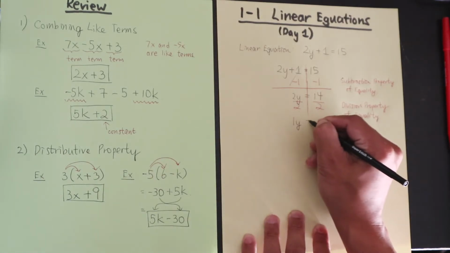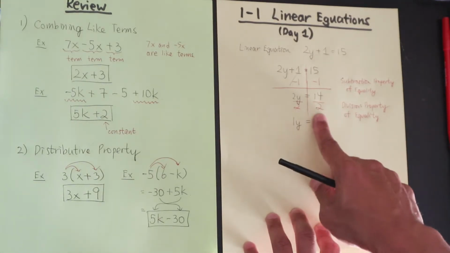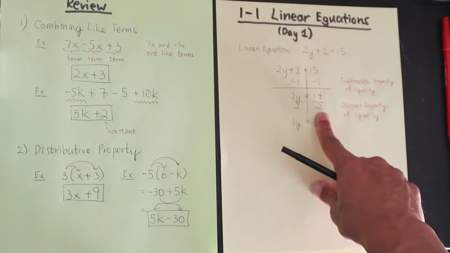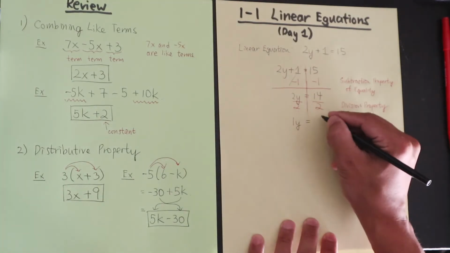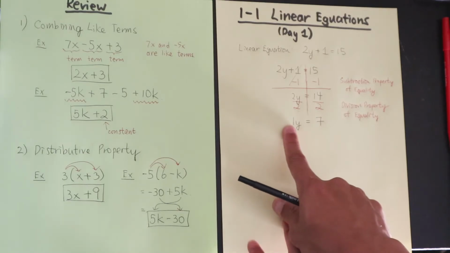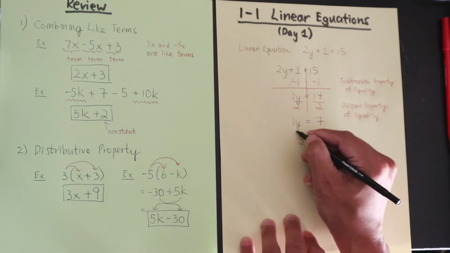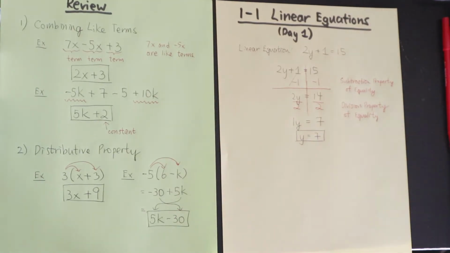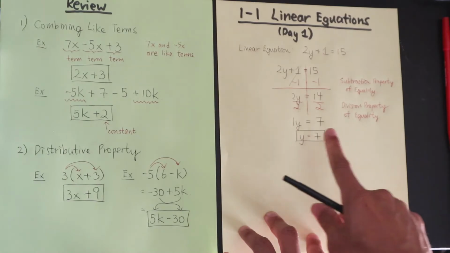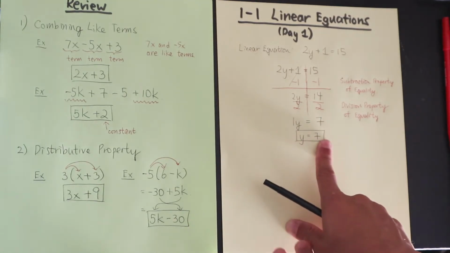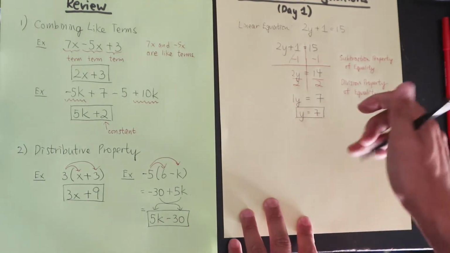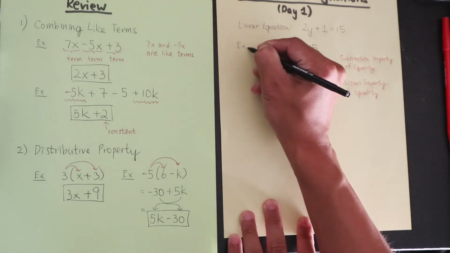So 1y is equal to half of 14. 14 divided by 2 means half of 14, so it's going to be 7. If one thing is equal to 7, that means that thing is 7. So y is equal to 7. Something like this will be the simplest thing that you're going to see in this lesson. Okay, that's an equation. Well, that was example 1.